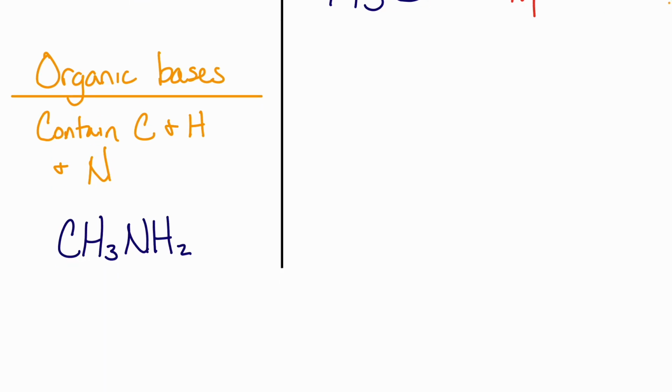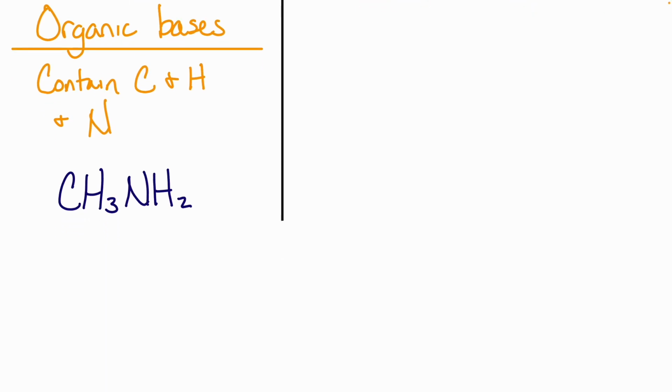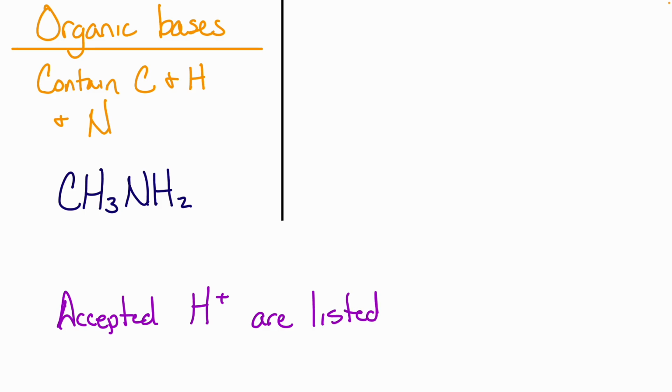Similar to what we noted before, where do we add? We know we're going to take this formula and increase our number of hydrogens, but where are we supposed to do it? I have hydrogens here and hydrogens here. Importantly, these accepted protons are listed either first in your formula or with the nitrogen.